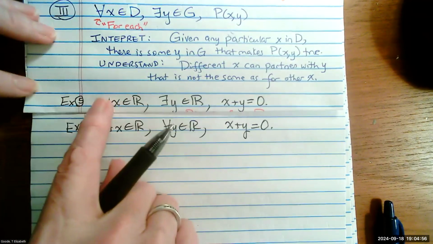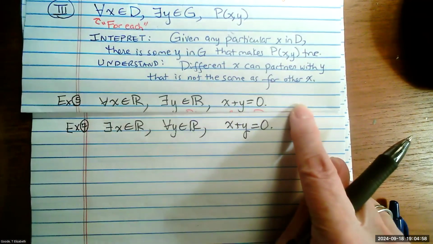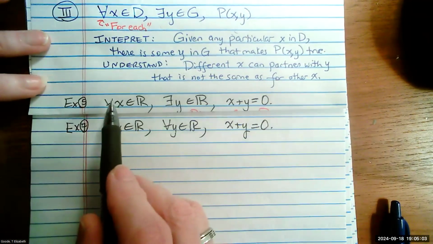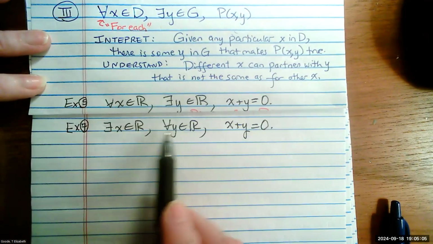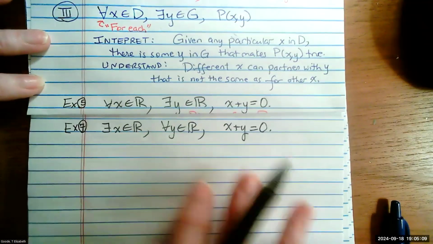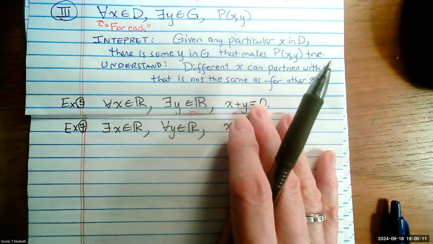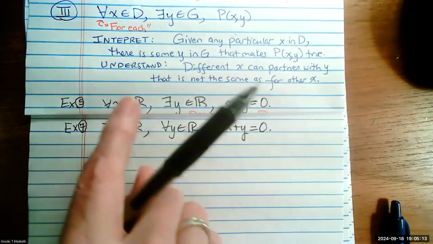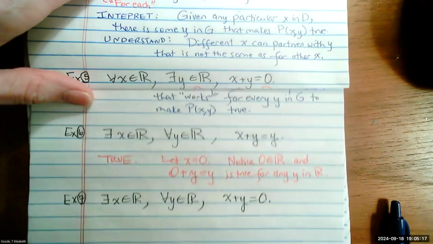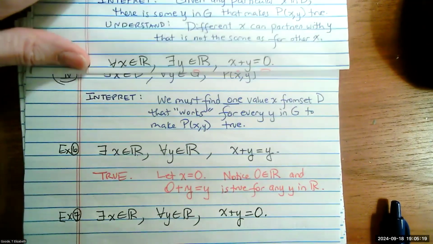It looked a lot like example 5. The only difference is we have changed the order of the quantifiers, right? Example 5 was true. That statement was true. What do you think about the statement in example 7?